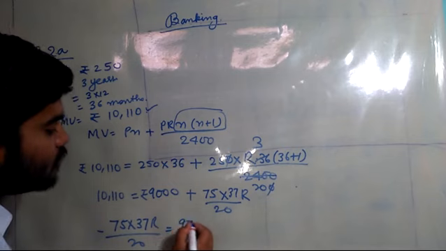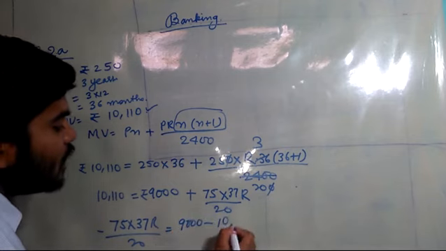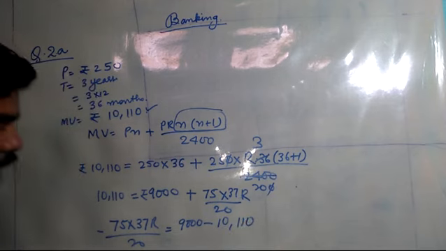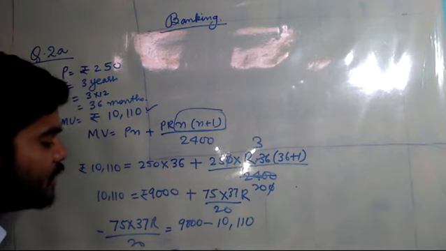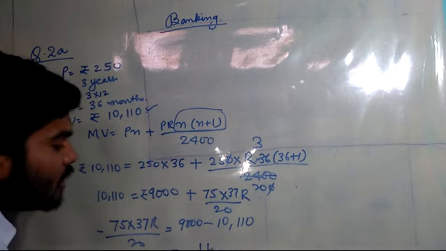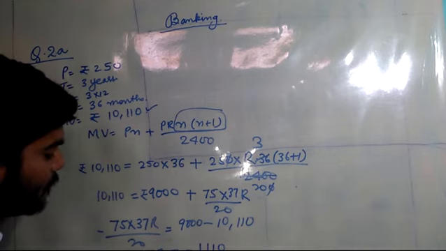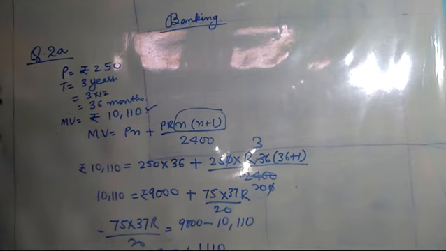So this will be equal to 9,000 minus 10,110. 1010, and when you subtract you will be getting 1110 negative, here also negative. 75 into 37 R by 20, negative negative cancelled.